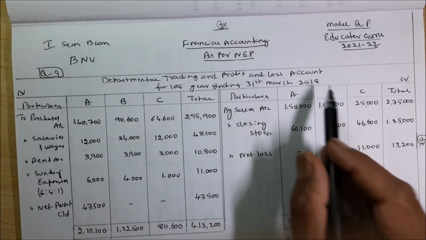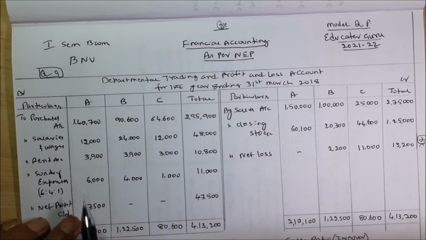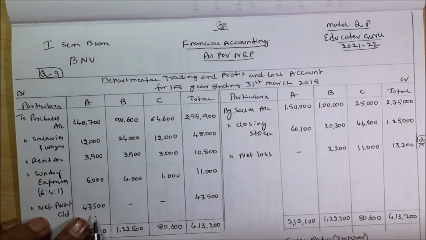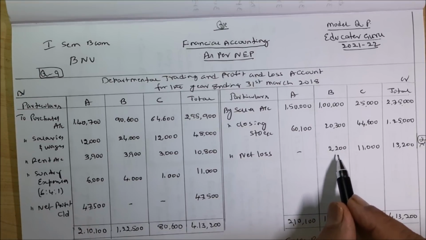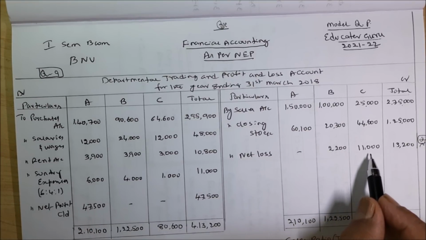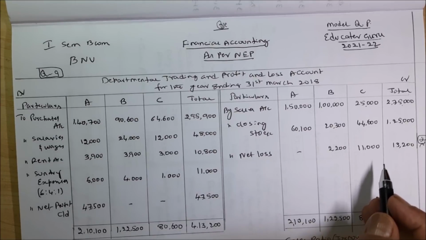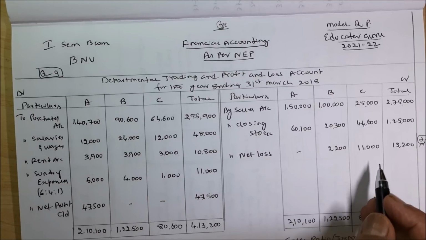But when we prepare the departmental account, then we will come to know that department A is getting 47,500 profit, whereas department B is incurring a loss of 2,200 and department C is incurring a loss of 11,000. So when you do this, we'll come to know whether we should continue with the department or we should regenerate that department. So that is very important. For that sake, we prepare departmental accounts.